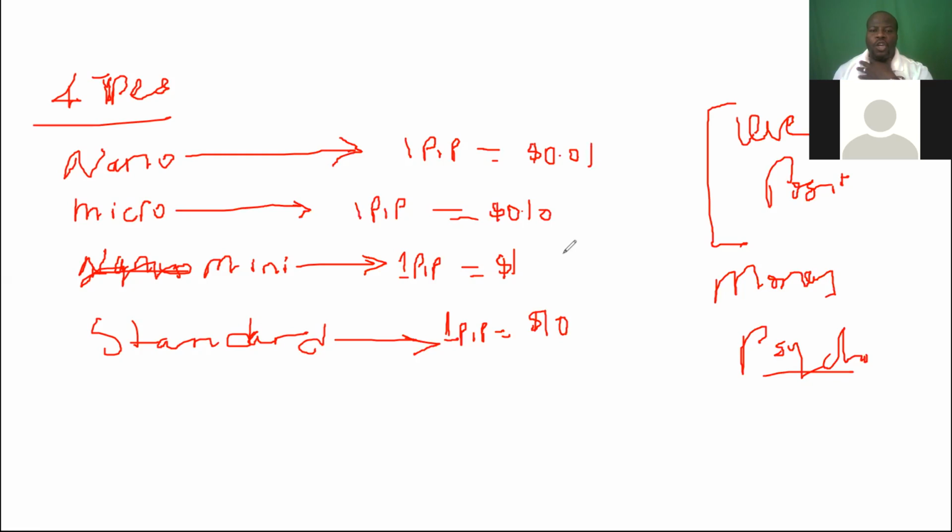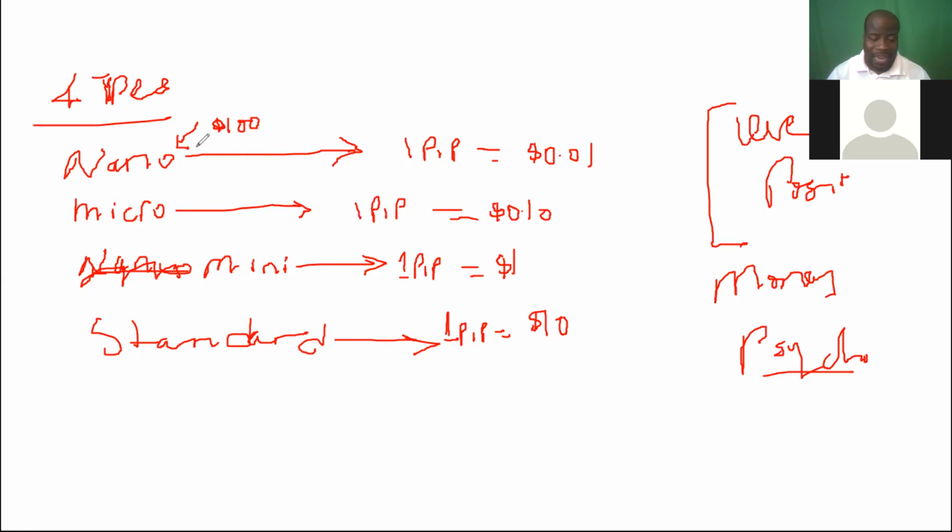So you will see 4 different traders have the same profit in number of pips, but what they get will be different in dollar value because of the account size they are operating. So if you have, let's say, $100 in your account, this is what I will expect you to be trading.